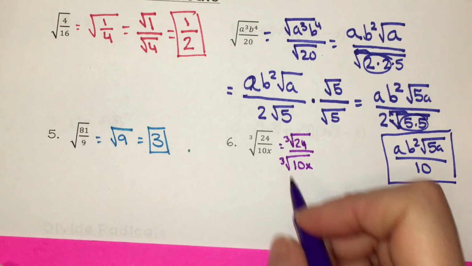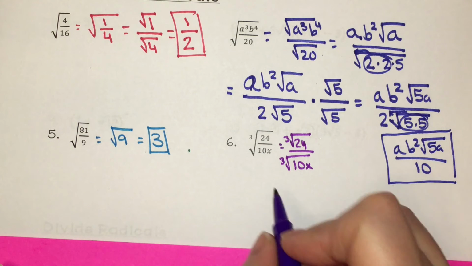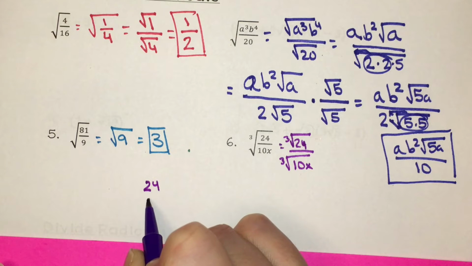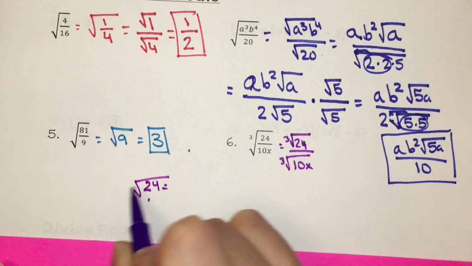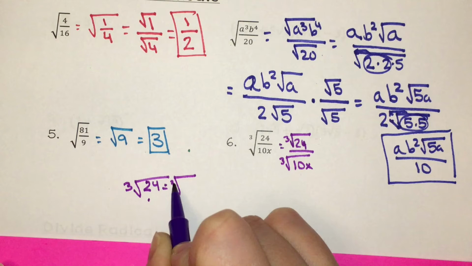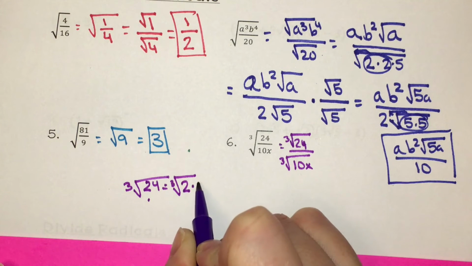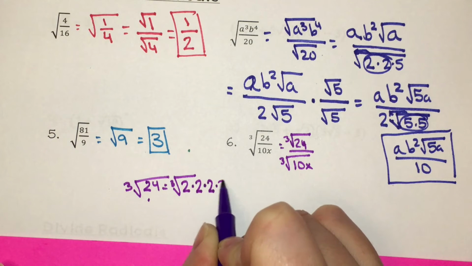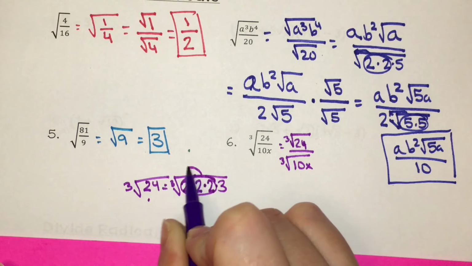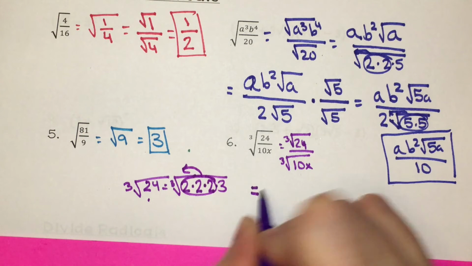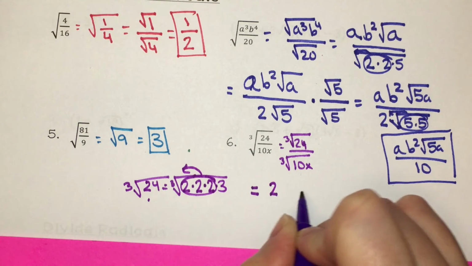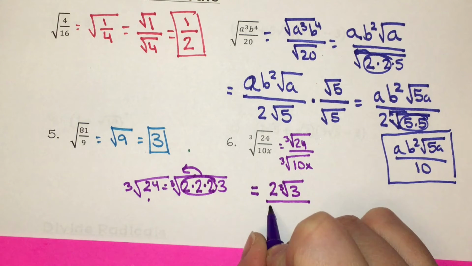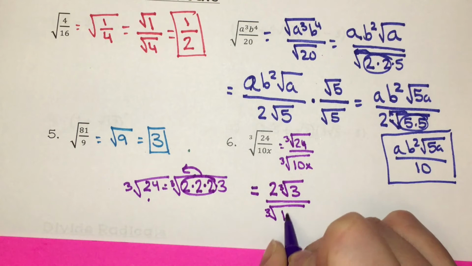So cube root of 24 is the cube root of 2 times 12, which 12 is 2 times 6, 6 is 2 times 3. So I can bring a 2 out. So this gives me 2 cube roots of 3 over the cube root of 10x.